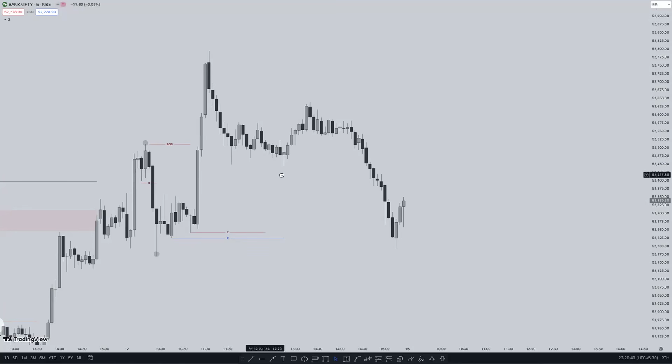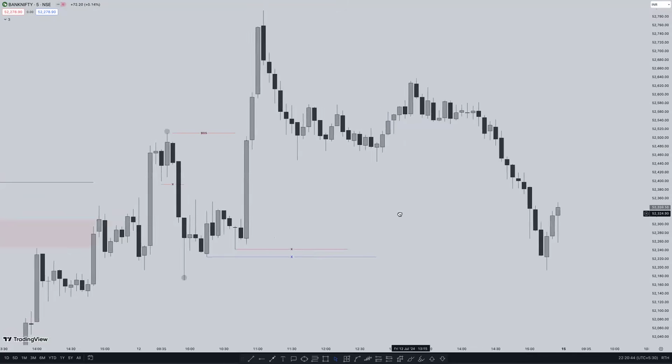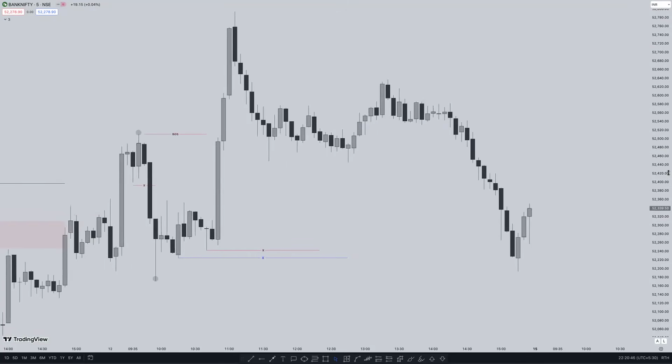Okay, let me explain this one. At this point, I hope your confusion will be cleared about the minor and major. What is happening here? This was a structure move like this one.